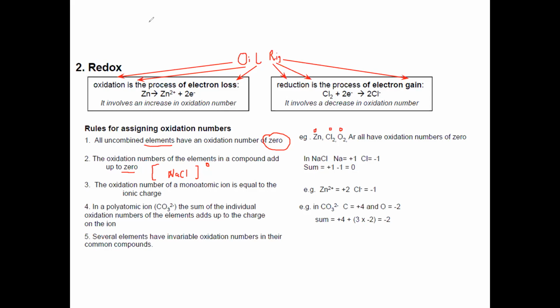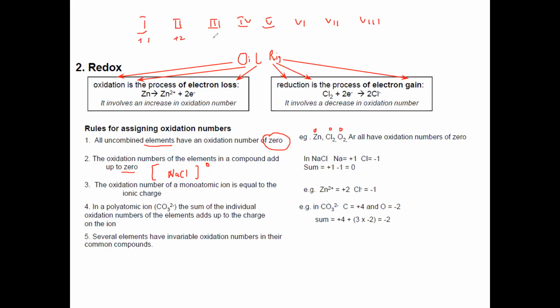For example, we have group 1, group 2, group 3, 4, 5, 6, 7, and 8. Group 1 metals tend to lose 1 electron.